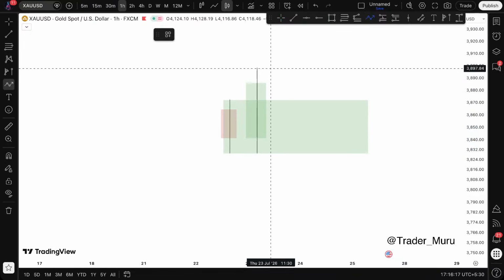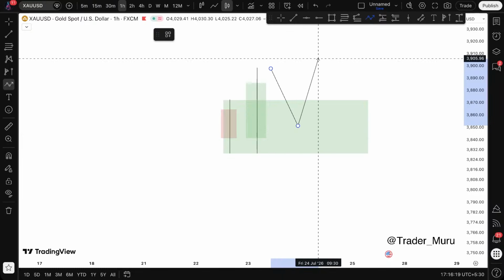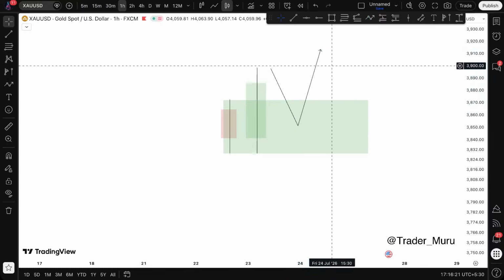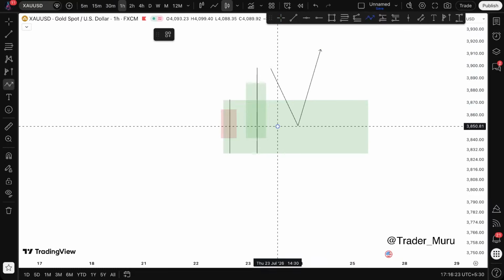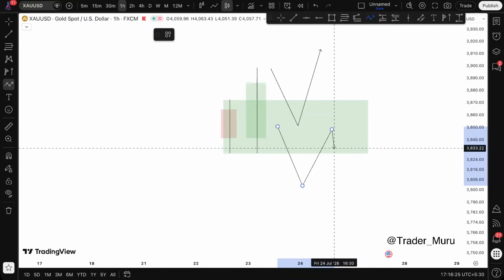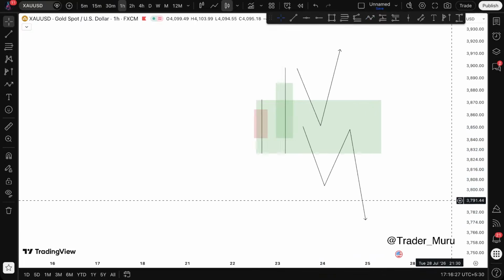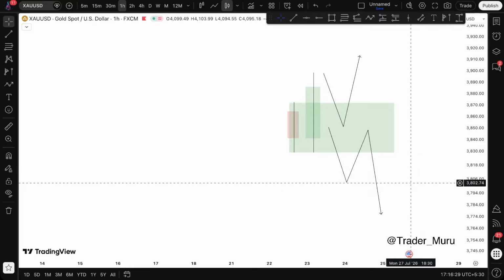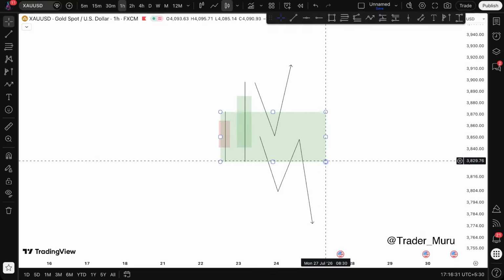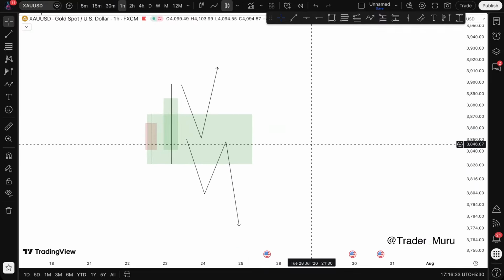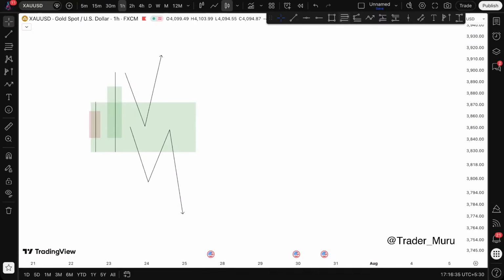On the normal cases, price will retest here and pump, but if it fails, then it will act on the other side. Same thing for supply.